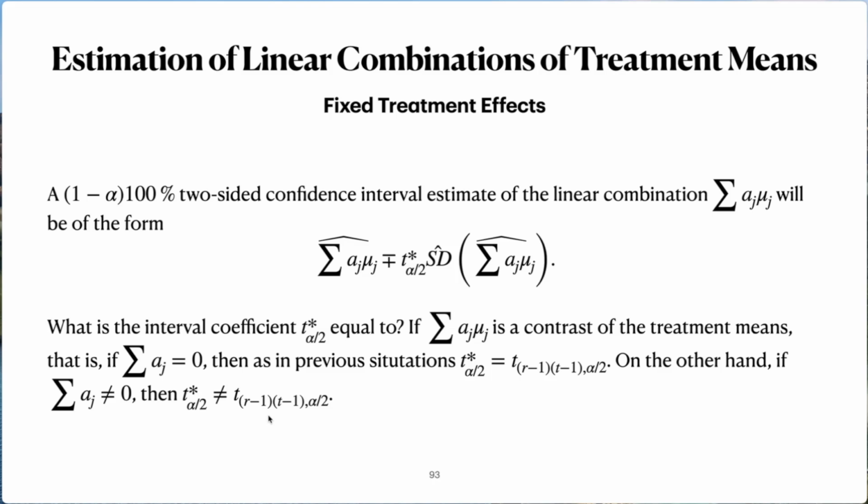Now, it may still be a t distribution, but that t distribution does not have degrees of freedom equal to r minus 1 times t minus 1. And so in general, in this situation, the exact interval coefficient is not going to be known because we don't know precisely how many degrees of freedom are associated with this estimate of the standard deviation of our point estimator.